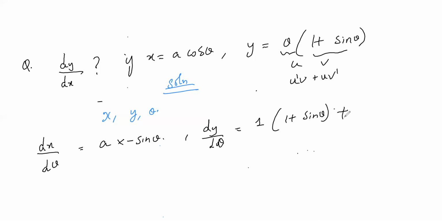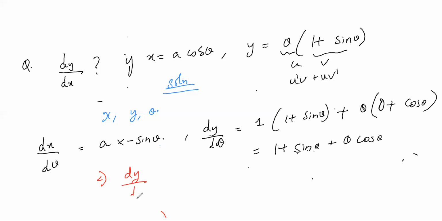Plus, next we keep theta just like that. Differentiation of 1 is 0, plus sine theta is cos theta. So what is this? 1 plus sine theta plus theta cos theta, because 0 plus cos theta is cos theta itself.